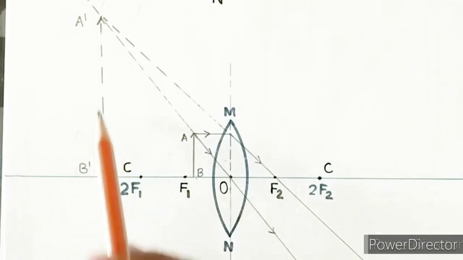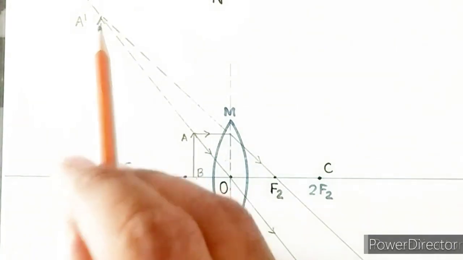Now what is the nature? If the image is formed on the other side of the lens, it is called real because the lenses are transparent. So the image should be formed on the other side, that is real. But here it is formed on the same side of the lens. If it is on the same side, it will be virtual, and we know that virtual images are erect. So it's virtual and erect.